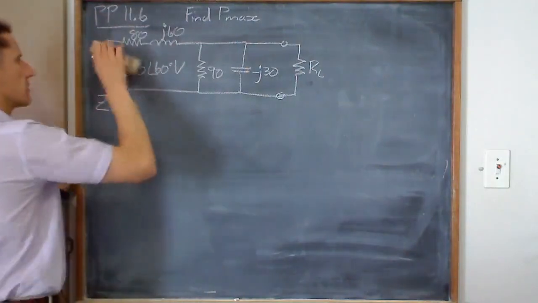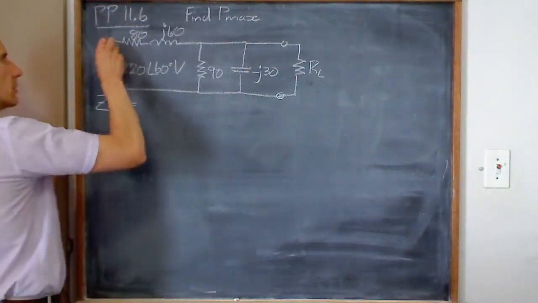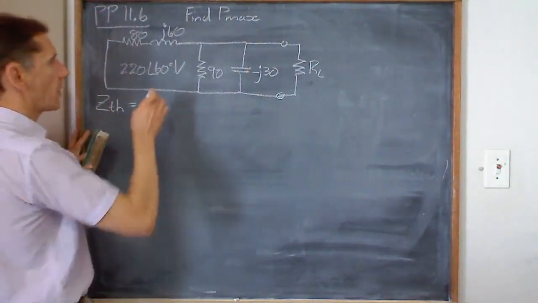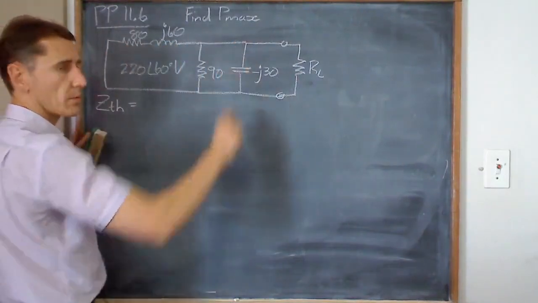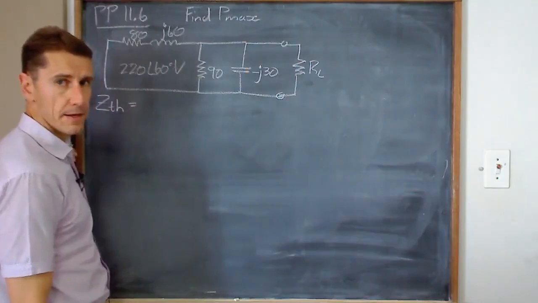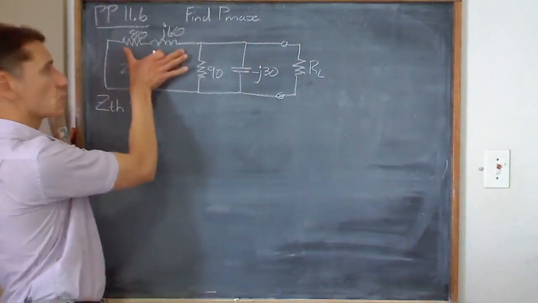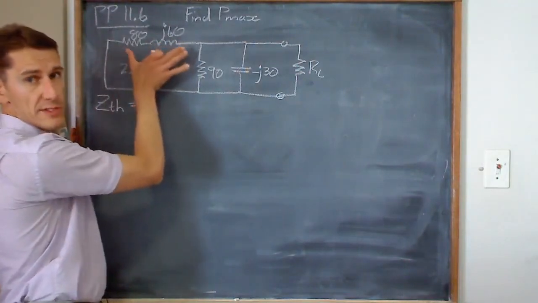Let's draw it. Now, how is the 80 plus j60 connected to the 90 and to the minus j30? They are all in parallel. Remember, I'm seeing this as one impedance, not as two in series.